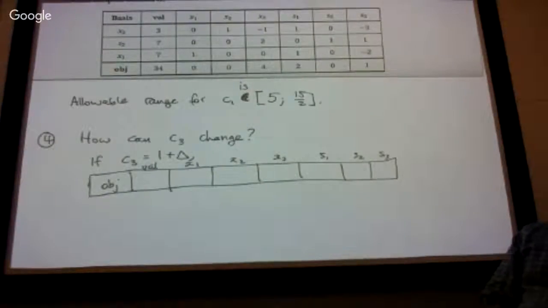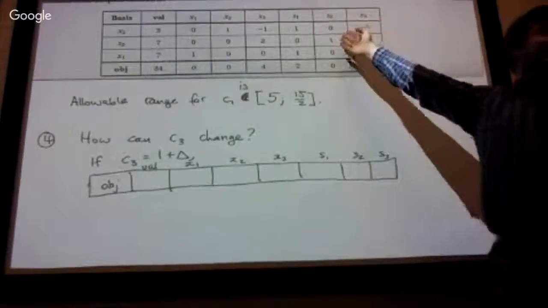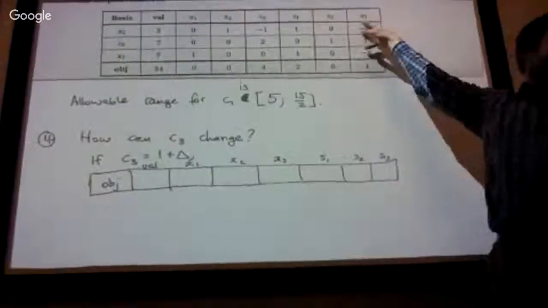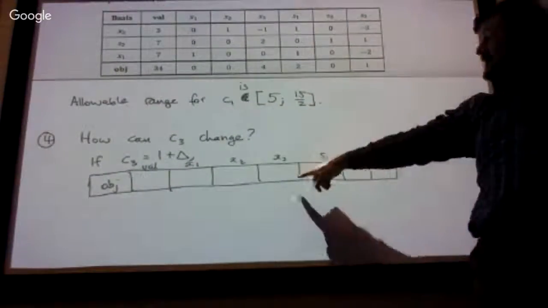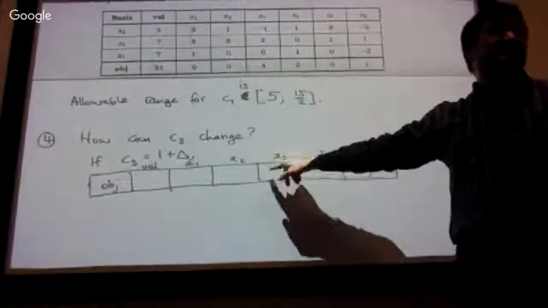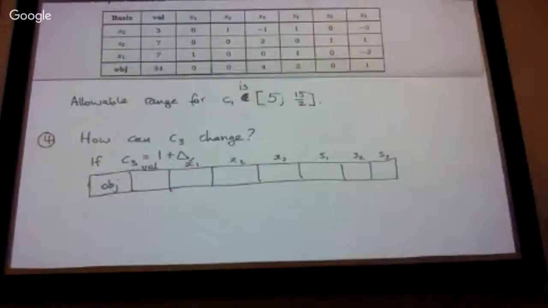Well, C3 is not in the basis. So we're not using any multiple of any of these rows. So the only place where C3 has an influence is in the X3 column, right? Because that's where we're taking away one from the one in the objective.